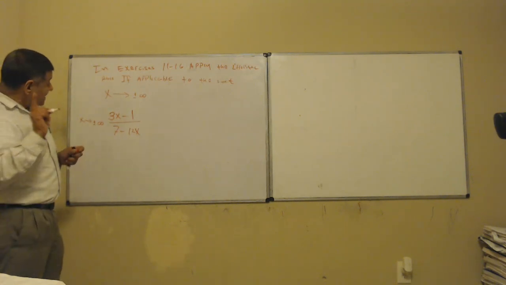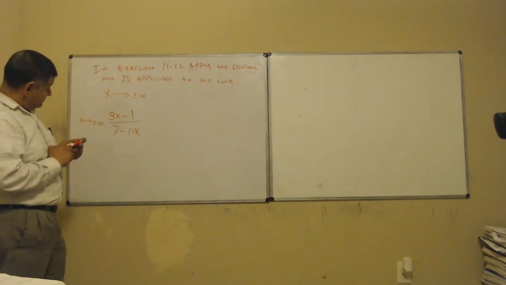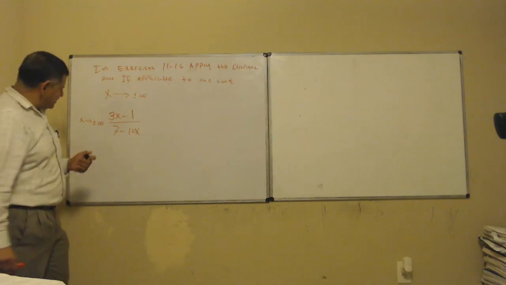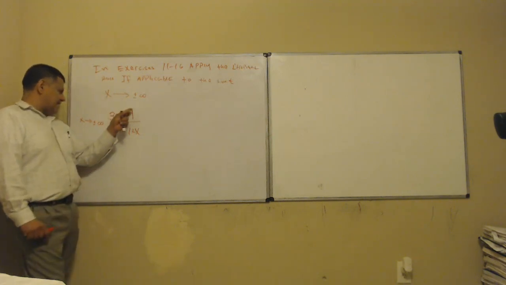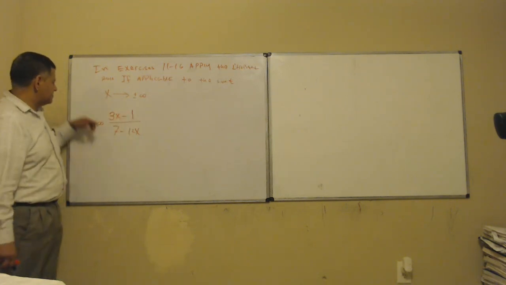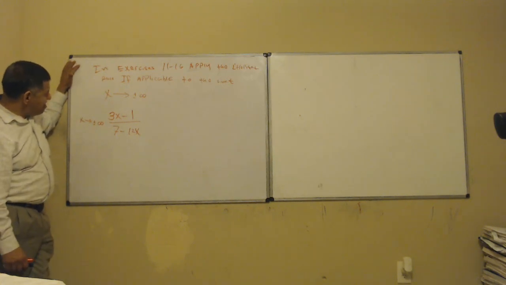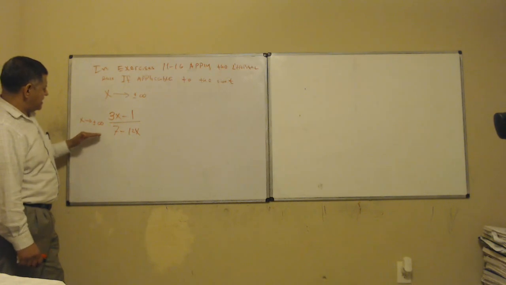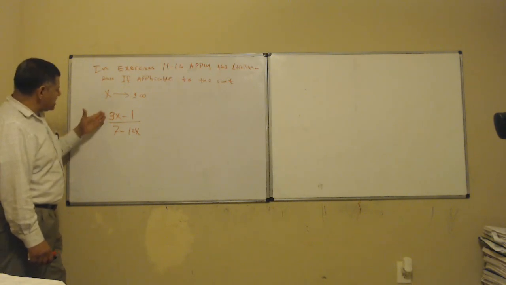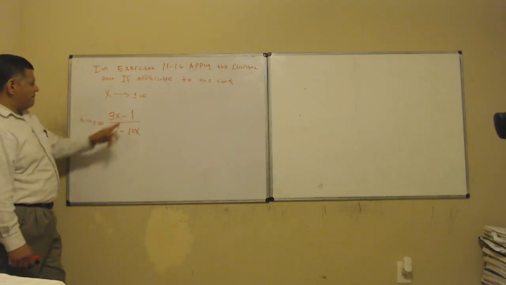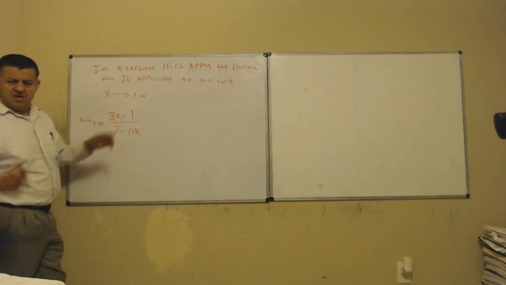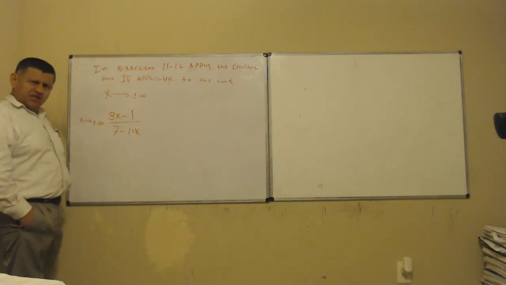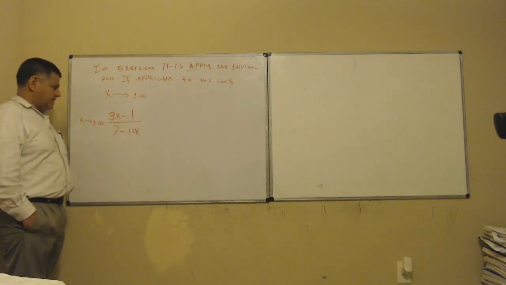Okay, so this is the tricky part, and like I said, we need to analyze this. Look at this. I got a 7 and I got a 1. Think about it. If I substitute 3 times infinity minus 1, it doesn't make any difference. Let me put it as an example.